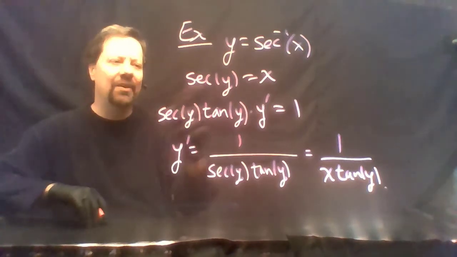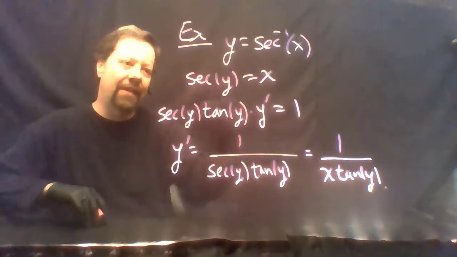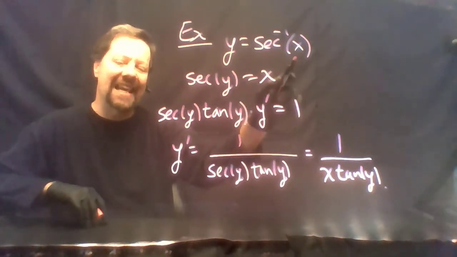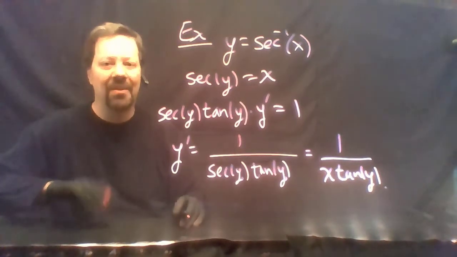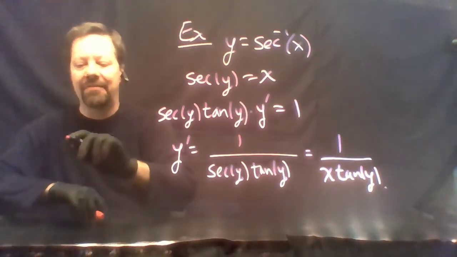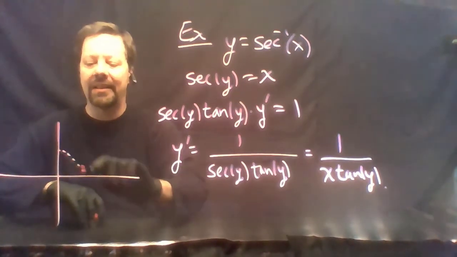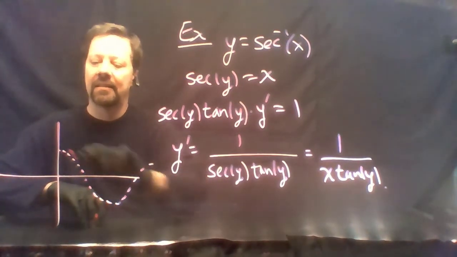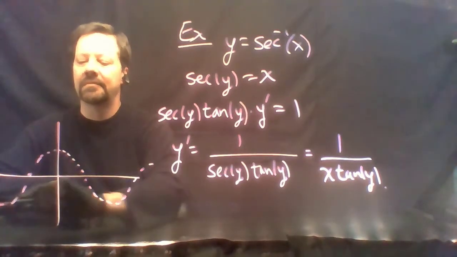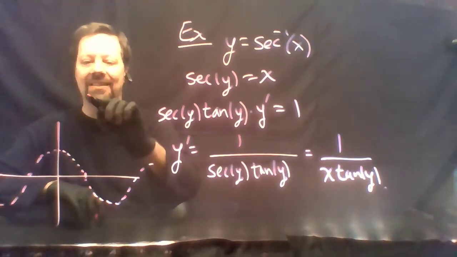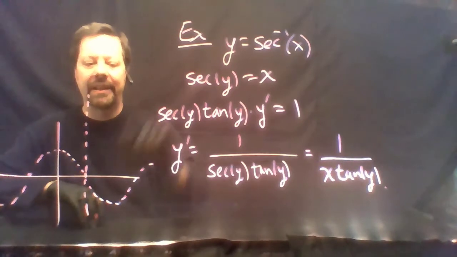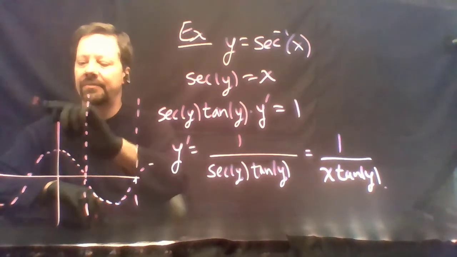We need to know a little bit about what the function inverse secant looks like. It's the inverse of the secant function. Remember what the secant function looks like? Cosine is like this. Where it crosses through the axis, we'll put in a vertical asymptote.